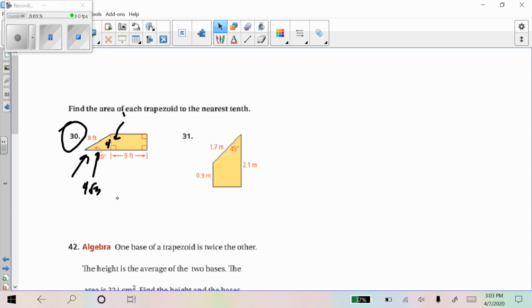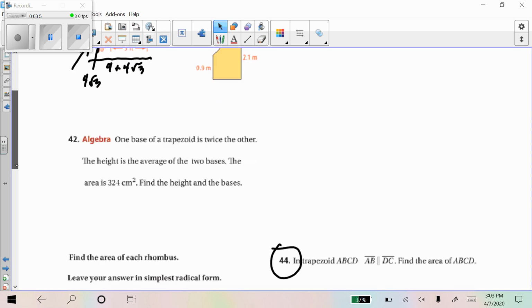So the length of this base on the bottom is 9 plus 4 times the square root of 3. And then, of course, the top base is just 9. This height is 4. So you can use those dimensions to figure that out.